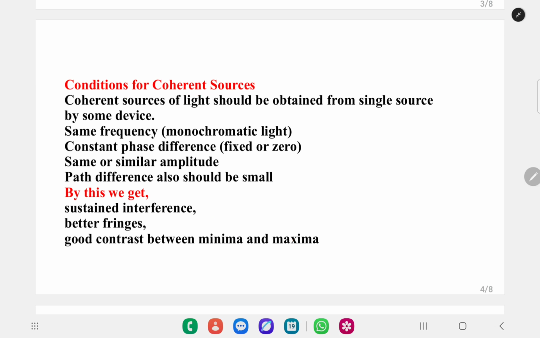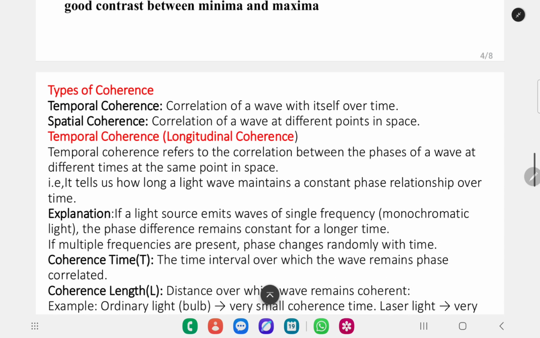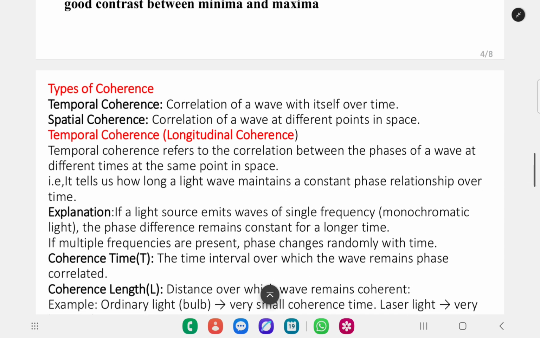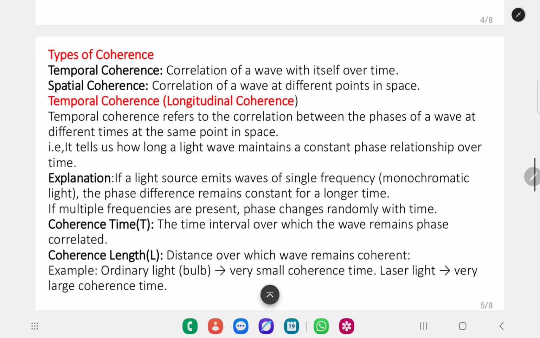Next, we'll see the types of coherence. As I said, there are two types of coherent sources: temporal coherence and spatial coherence. Temporal coherence is also called longitudinal coherence.